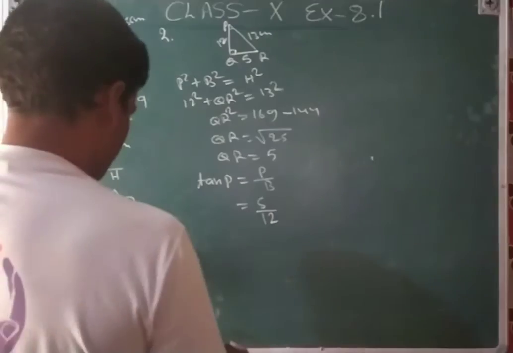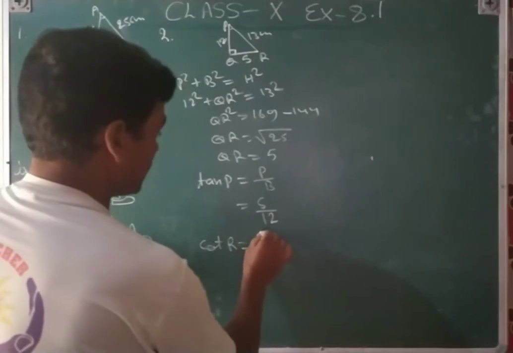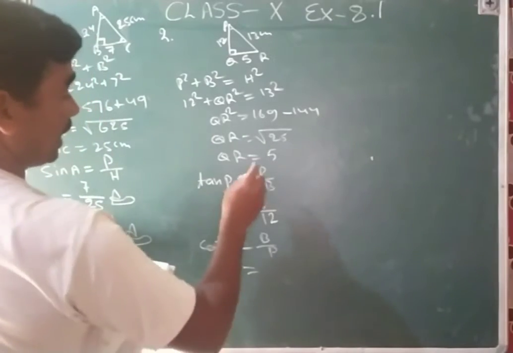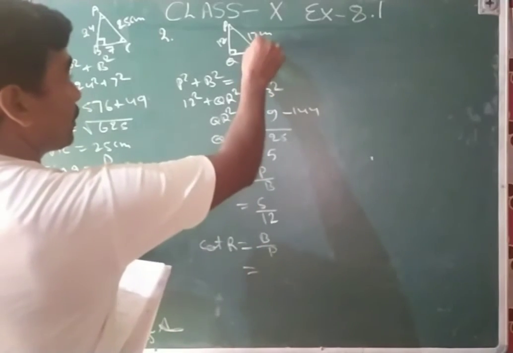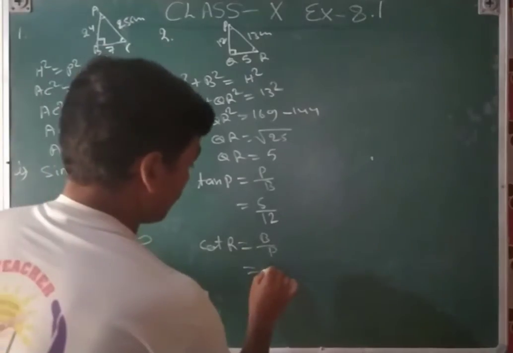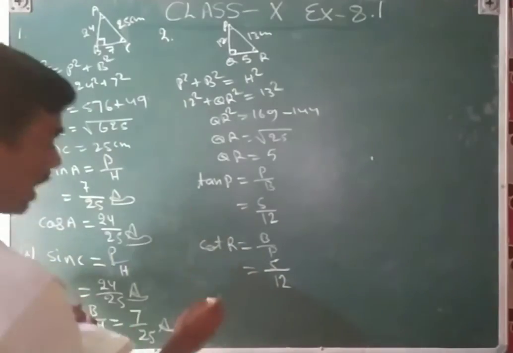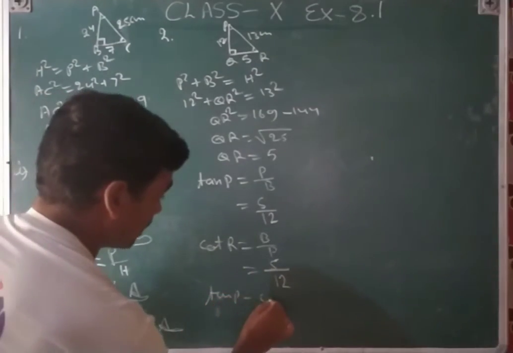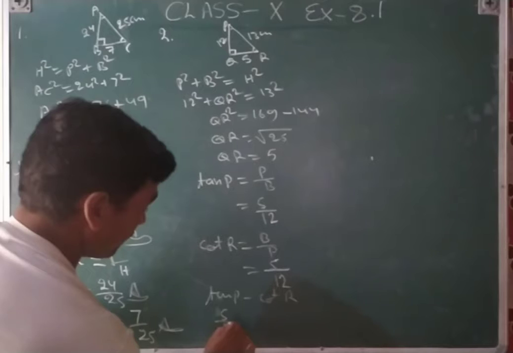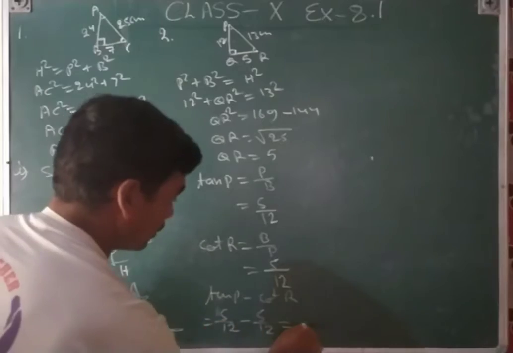Now cot R, cot means B upon P. Now we are looking at angle R, so the perpendicular will be just opposite of that, and the base will be 5. Now we write the actual question: tan P minus cot R. The value of tan P is 5 upon 12 minus 5 upon 12, that will cancel. So the answer is 0.